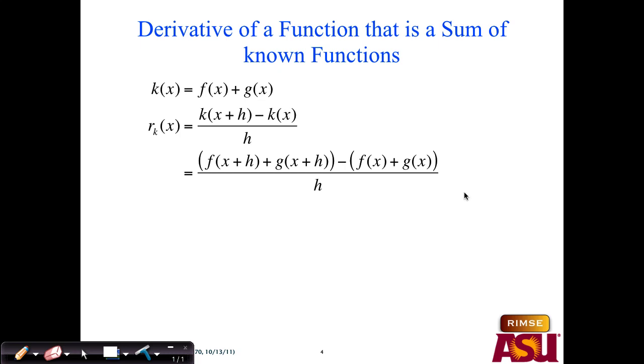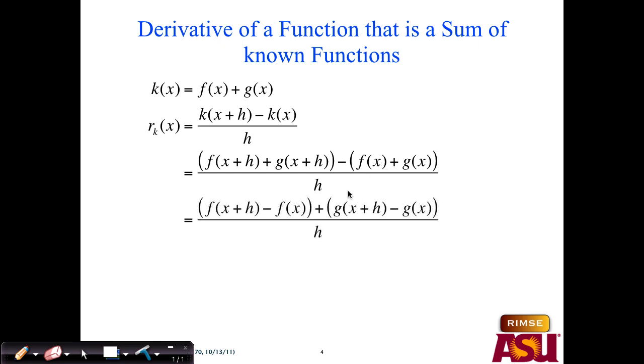So that's got some familiar looking pieces in it. If I had f of x plus h minus f of x, all in its own fraction over h, that would be the derivative of f, or the rate of change for function f. And they're not together right now, and there's this g stuff in the way, but this is fractions. I've got this large fraction with addition and subtraction in the numerator all over a denominator of h. I can rearrange that. There's no problem with this. And I can even split it into a couple of fractions if I want.